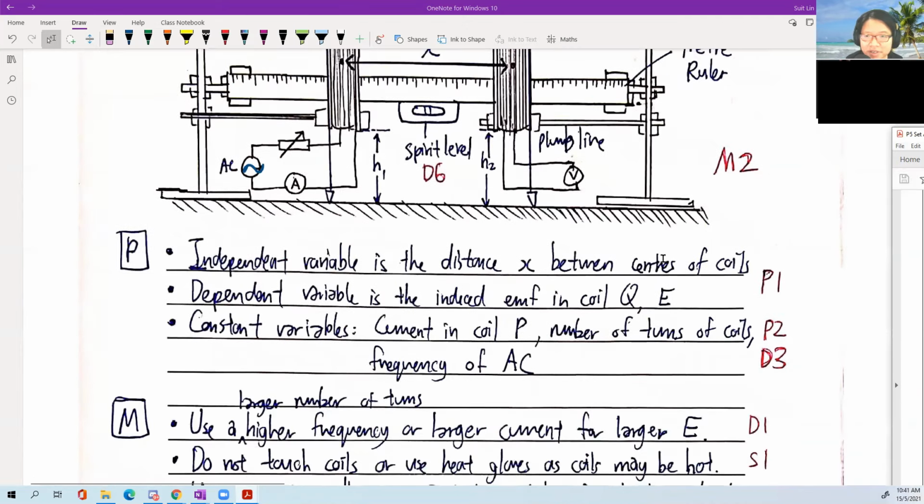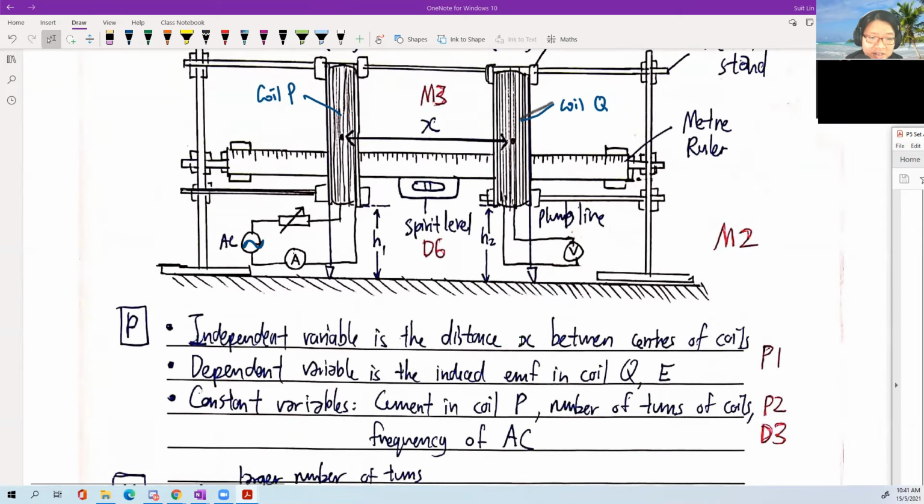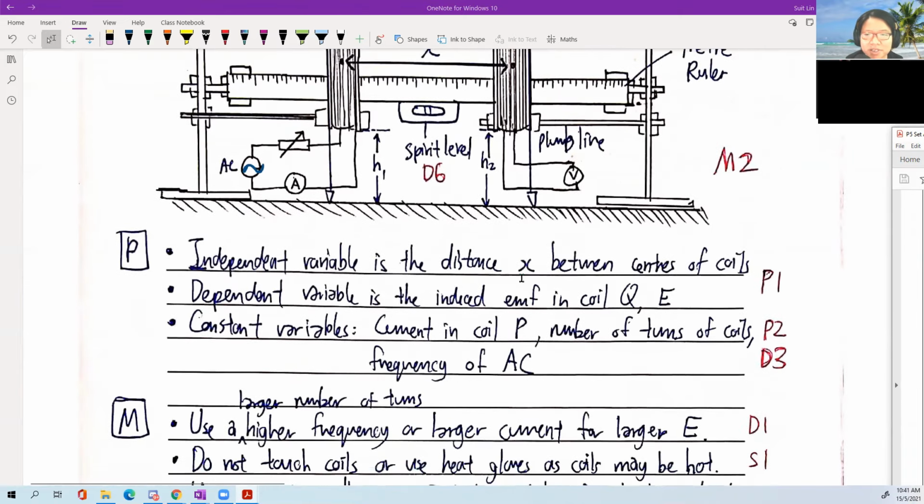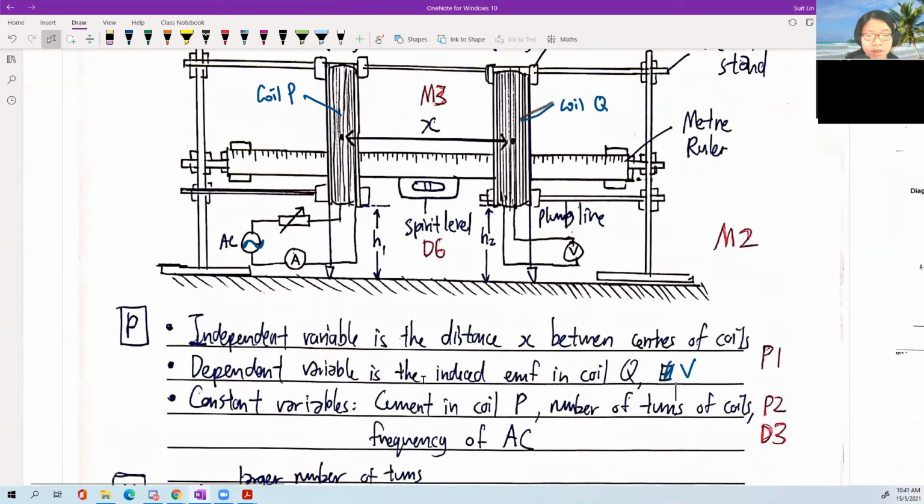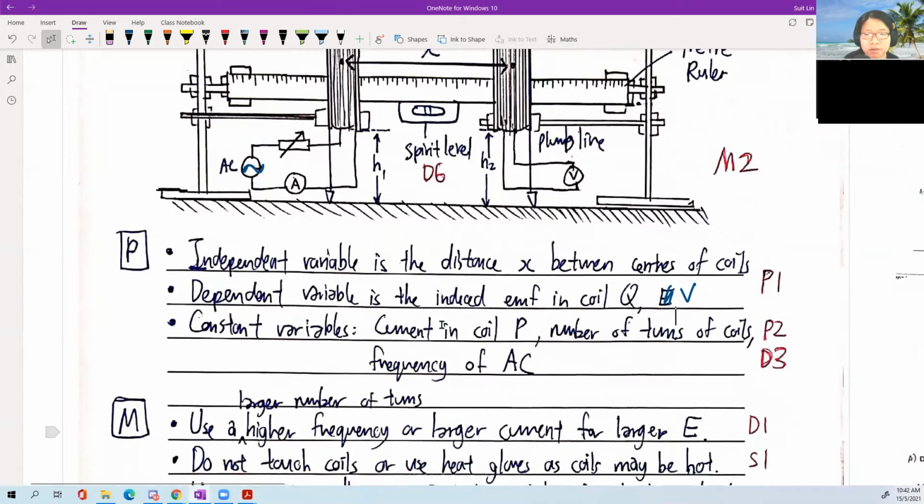The independent variable is the distance x between the centers of the coils, or you could say change in x. The dependent variable is the induced EMF in coil Q, and we call this V, because the equation uses V. The constant variables are the current in coil P, number of turns of coils, and the frequency of the alternating current.